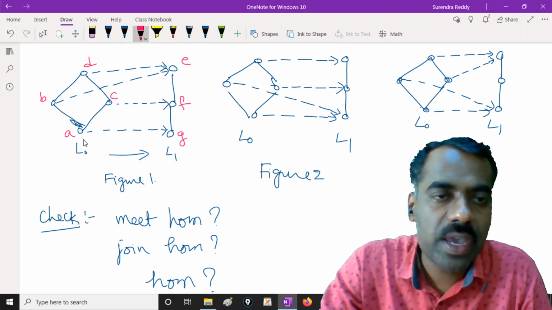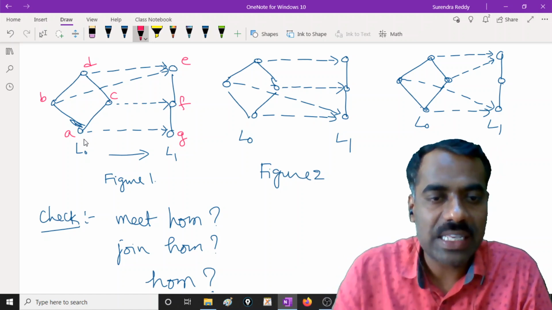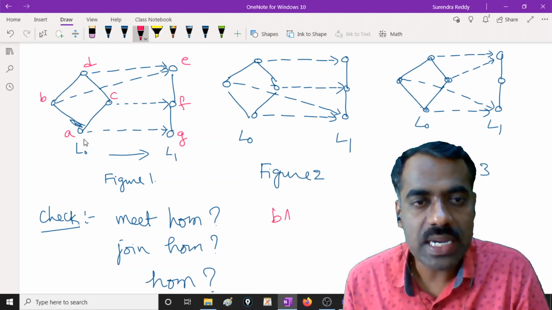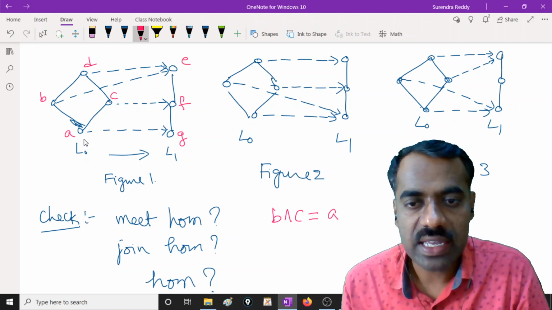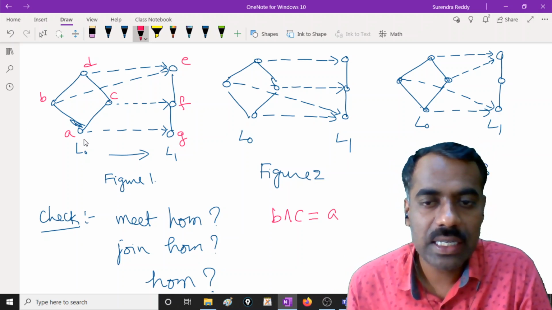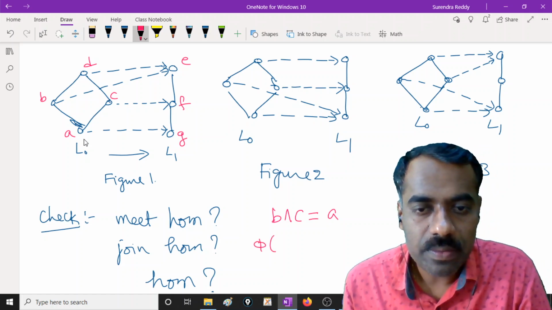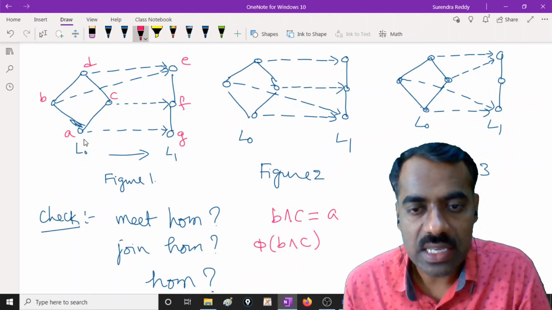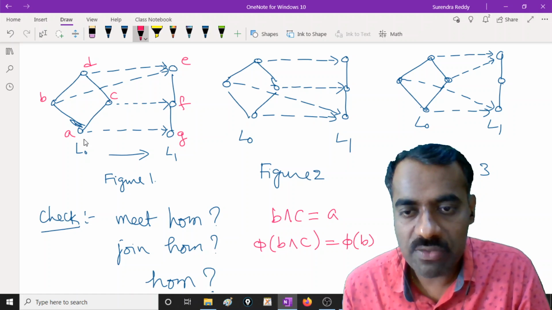A. Okay. So just I will explain here. B meet C is A, right? So if at all it should be a meet homomorphism, what we should expect? Phi of B meet C, we should have phi of B meet phi of C.